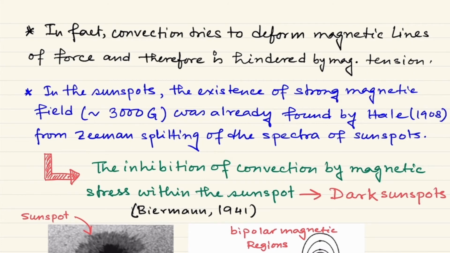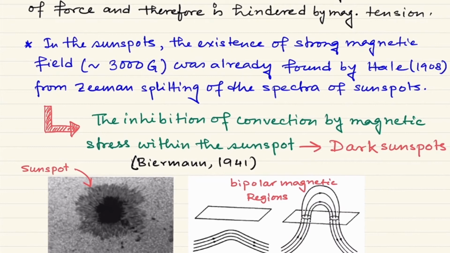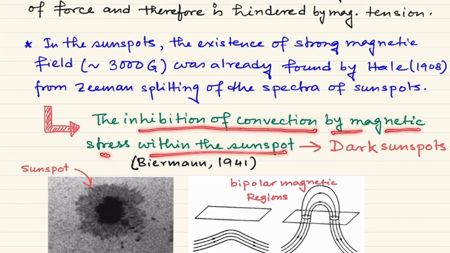Before that I have to mention one thing. This was for the first time found by Hale in the year 1908, and he found that from Zeeman splitting of the spectra of sunspots. And then he said that the inhibition of the thermal convection by magnetic stress within the sunspot makes this part colder.